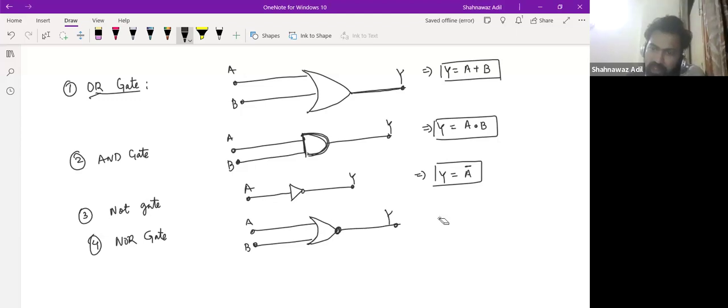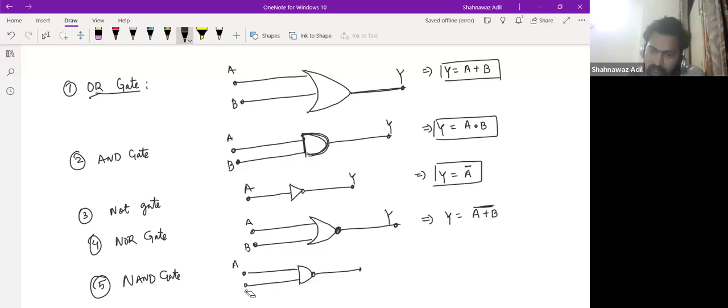So this is the NOT gate, and the output is denoted by Y. The fifth one is the NAND gate. This is again two inputs, and at the end you have the NOT, so Y is simply A into B bar.